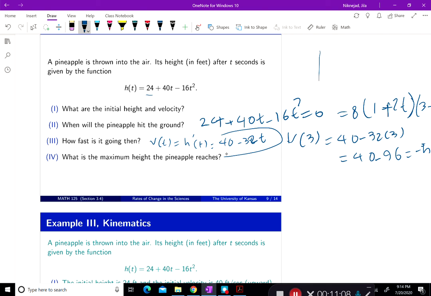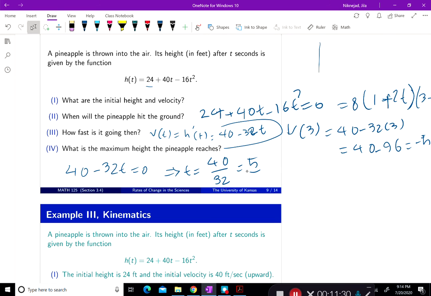So if you set the velocity equal to 0, you get the time that it reaches the maximum height. That gives you t equal to 40 divided by 32. 40 is 8 times 5, 32 is 8 times 4, so 5/4, or 1.25 seconds.